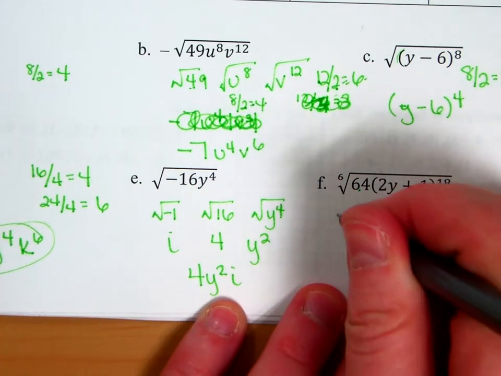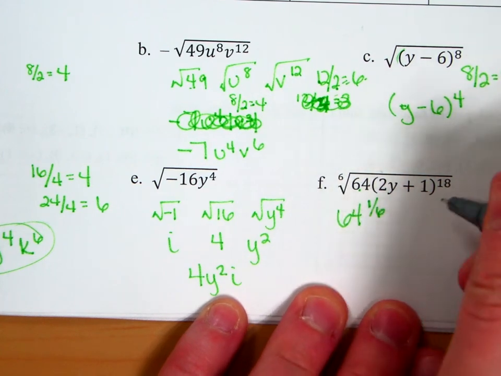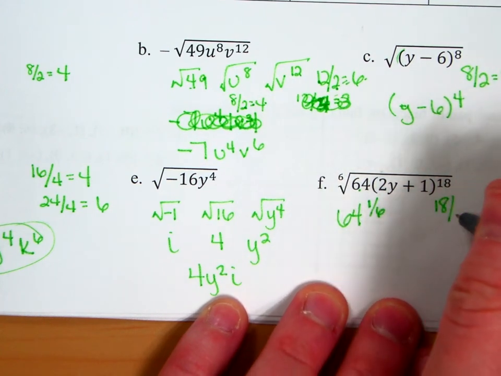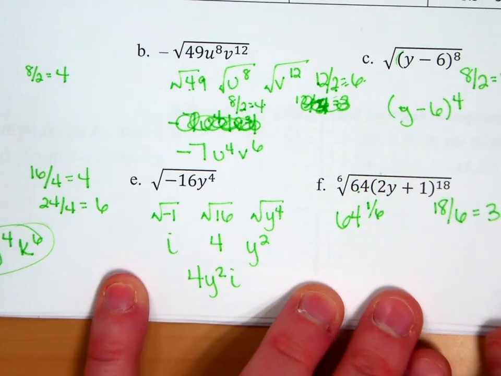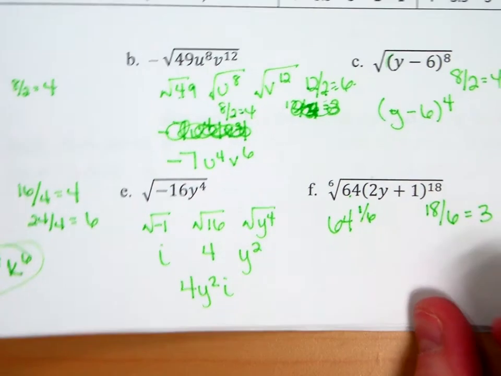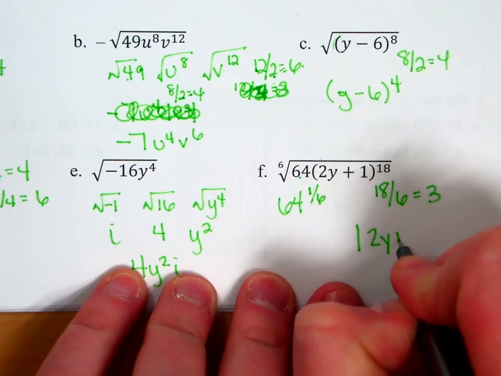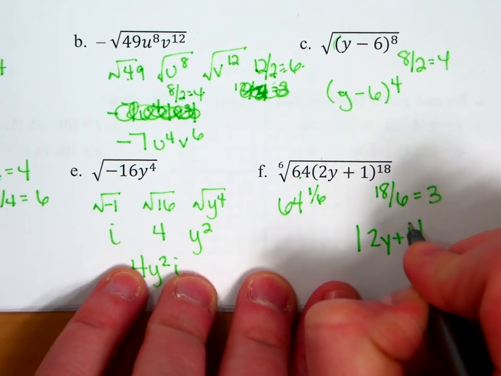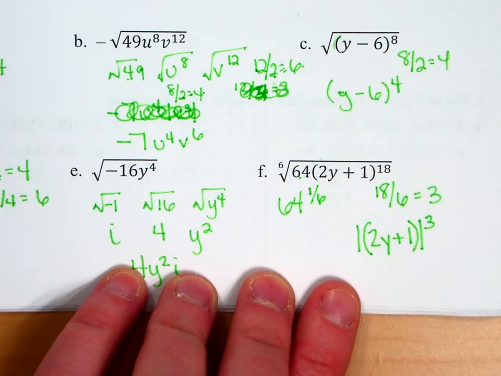Last but not least, the sixth root of 64, so 64 to the 1/6. And then I'll have 18 divided by 6, which equals 3. This is an odd number, so I'd be looking at the absolute value of 2y plus 1 cubed.